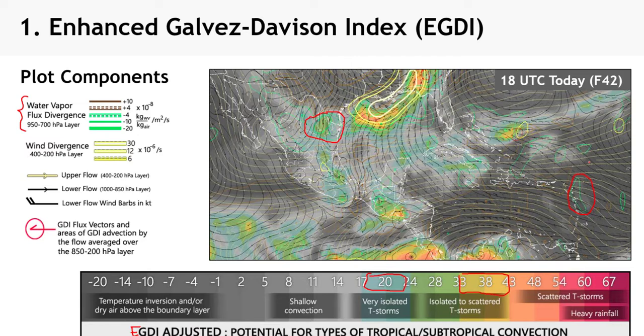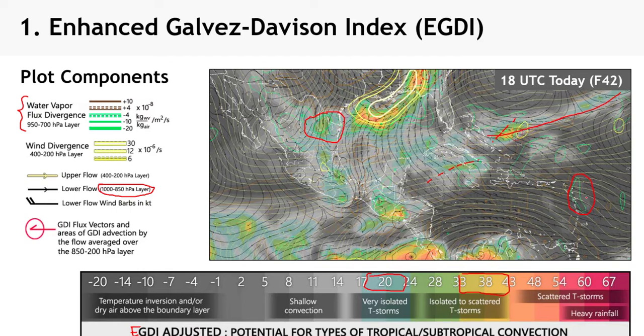Then, as you can see, we also have the low level flow, and the low level flow is an average of 1,000 to 850. So it will give you a general idea of how fast the trades are, where you can possibly find some troughs. So for example, there's a trough very close to the Cayman Islands here, and there's another trough just east of the Bahamas. Well, this looks like a front actually, but yeah.